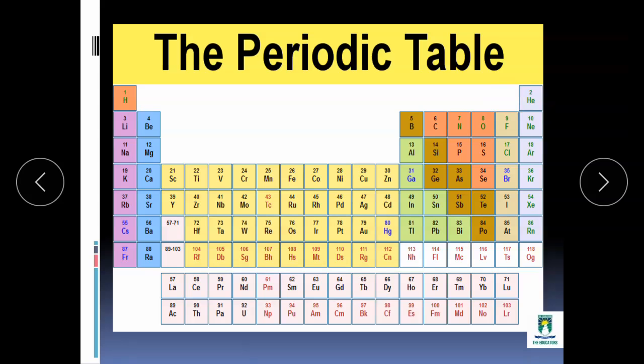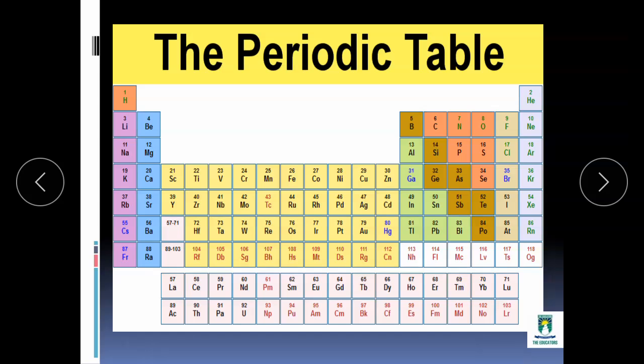Like the atomic number for lithium is 3, for beryllium is 4, boron 5, carbon 6, nitrogen 7, oxygen 8, fluorine 9, and neon 10. So this is all about the atomic number. Here, different elements are arranged according to their atomic number.